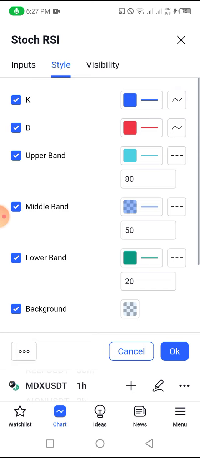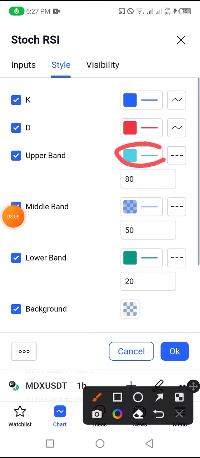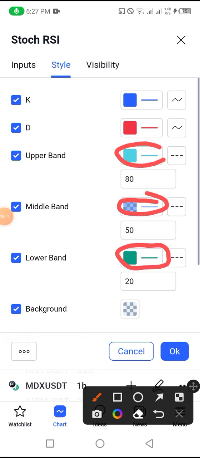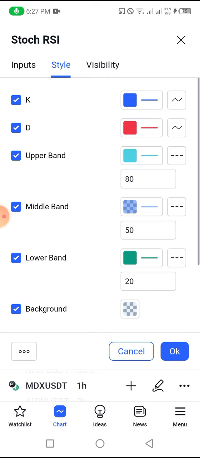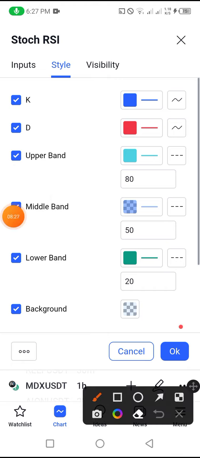Then the upper band also, you can equally adjust the colors. Same applies to the middle band and then the lower band, just like the way we did for the K and the D line. All right, now once you're done, then you tap on the three dots and save as default. Now once that is done, you will tap on OK. You'll come and tap here on OK, so that the settings can be saved.